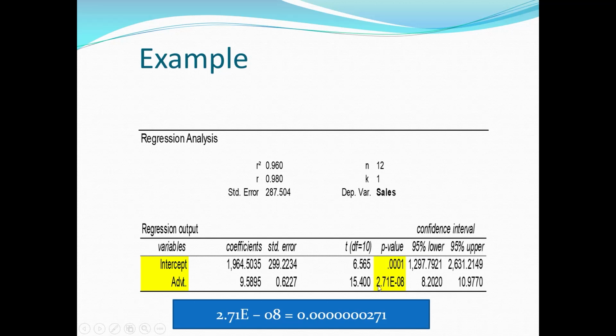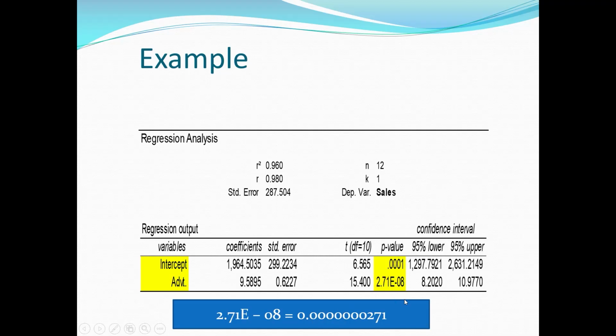One place is already there with the 2, and 7 zeros have to be added. So the real number is written here. See, the decimal was here after 2. It is shifted 8 places to the left, including 2. So 7 zeros and 2, 8 places.